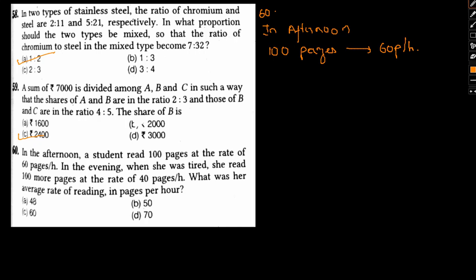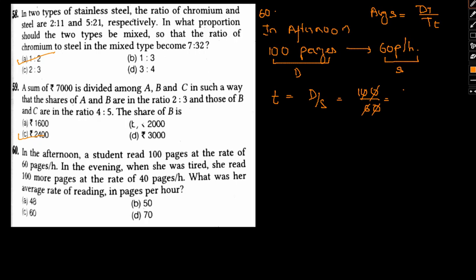Now we'll use the concept of time, speed, distance, where average speed is given by total distance by total time. So this here will be our distance and this here will be our speed. Therefore time in this case will be distance by speed, that is 100 by 60, or 5 by 3 hour.